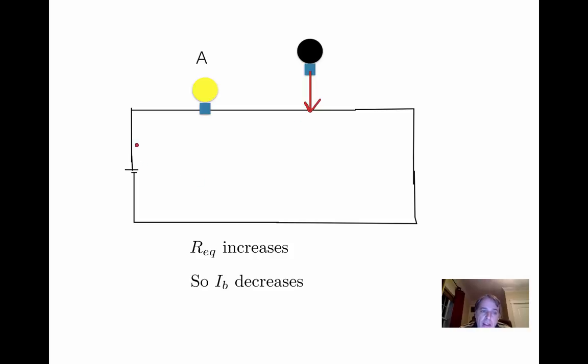Therefore the current coming out of the battery will go down because you have more resistance. So the current flowing here has gone down, and therefore the brightness of light bulb A has decreased. So adding a light bulb in series has the effect of decreasing the brightness of light bulb A.